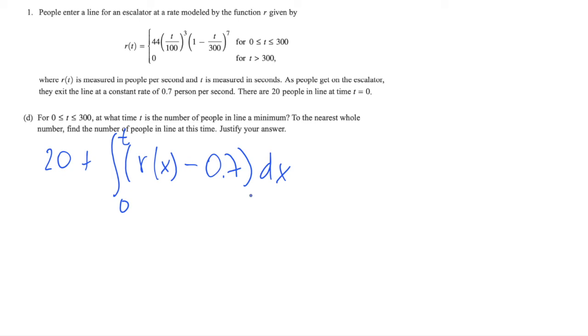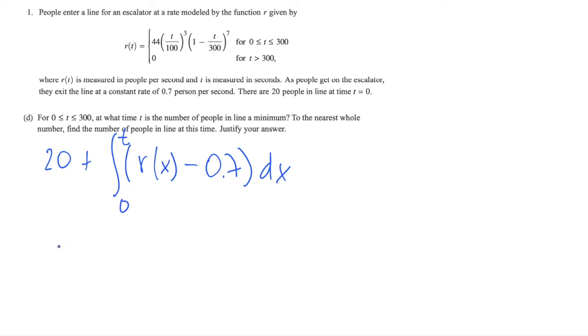And we need to apply a little bit of the theorems of calculus. If we have the total number of people and we want to know when is the minimum, we need to find when the rate is equal to 0. The first thing we need to do is derivate this, and if it's the integral of the rate, then if we derivate, we just cancel the integral with the derivative.